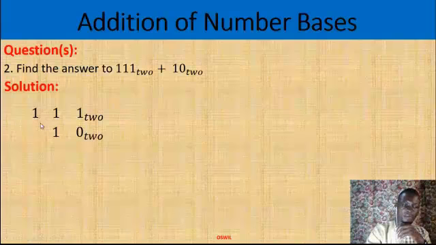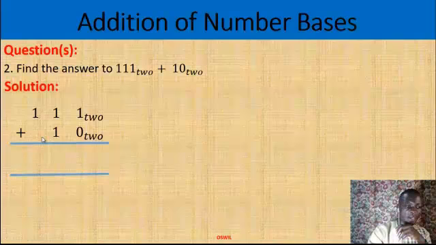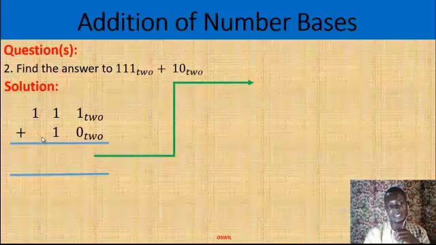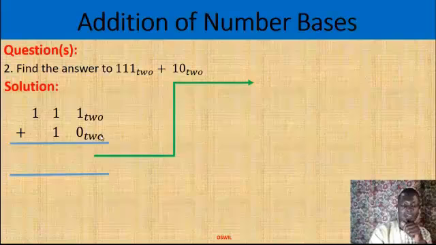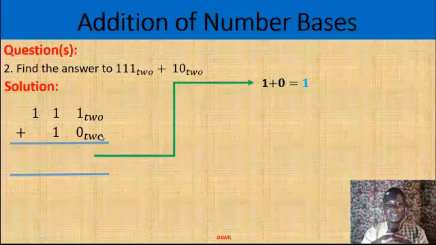Now, we are going to add. So that is our symbol showing addition and the area for writing our answer. Now, starting from right to left, we must add 1 and 0. And 1 plus 0 is 1. And these numerals are in base 2.